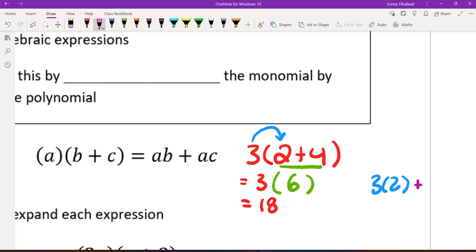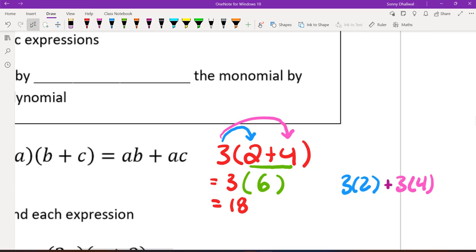Then we go 3 times 4 as our second term. So we are multiplying the outside to the inside. And when we do this, we combine these together, we get a 6. We combine these two together, that gets a 12. And 6 plus 12 still gives us the same answer, 18. So it is just a different way of getting to the same answer.